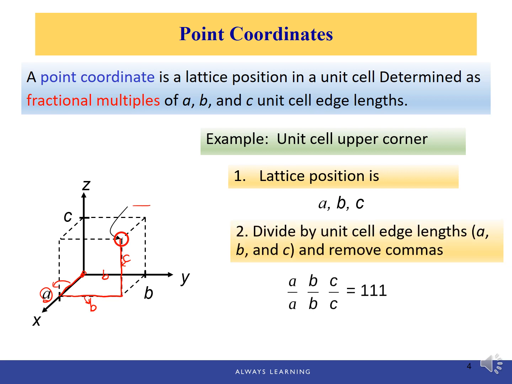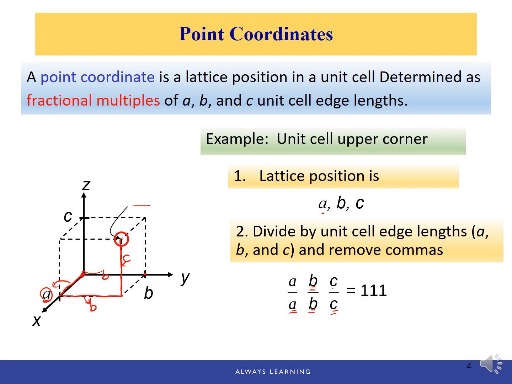Second, divide by the unit cell edge length respectively. So along the x direction, the edge length of this unit cell is A. Therefore, we have A divided by the edge length in that direction, which is A, and B divided by the edge length along the y direction, which is B as well, and the last coordinate C divided by the unit length.